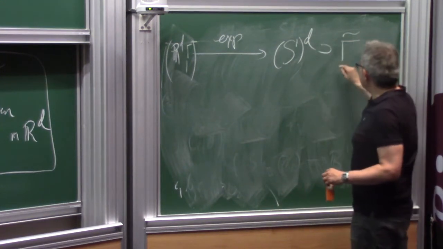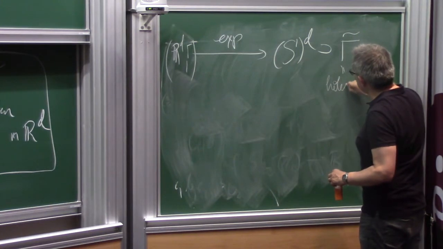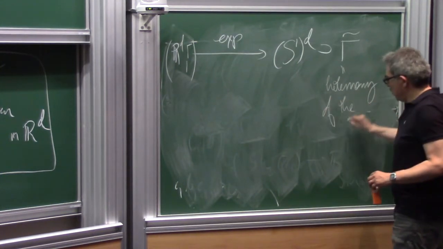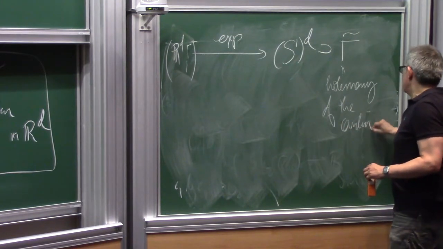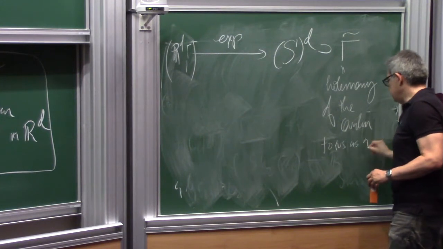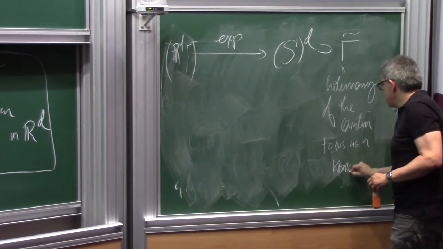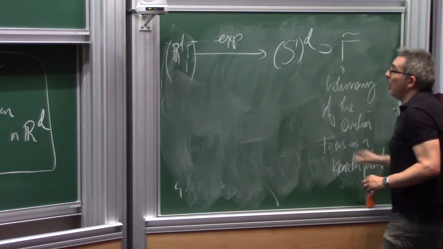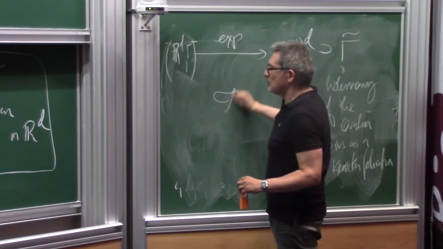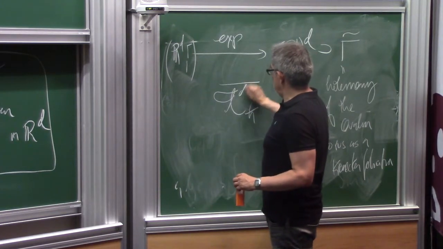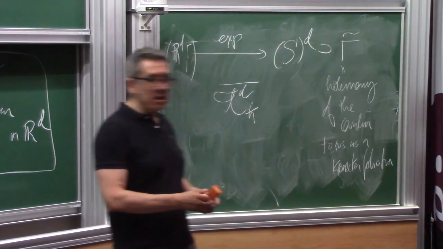And this is the holonomy of the quantum torus. The torus as a Kronecker foliation. And so this gives me the quantum torus.